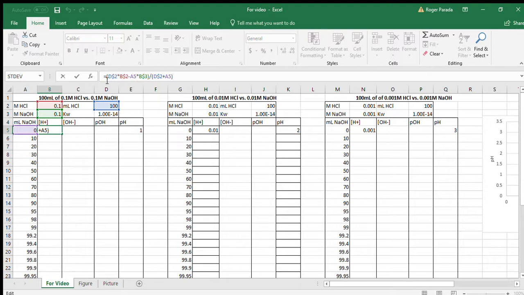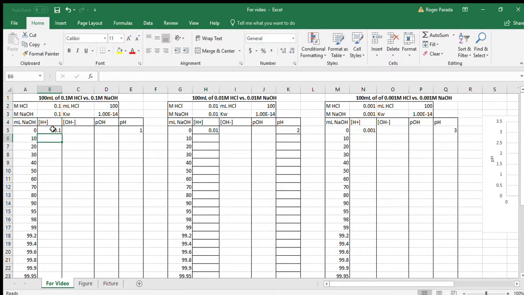And the reason we have those is that we don't want this value to change. We don't want these values to change as we drag our equation down. We don't want them to be a D3 and then D4, for example. We want this to stay as D2. And so the only thing we want to change as we drag this equation down is the milliliters of NaOH.